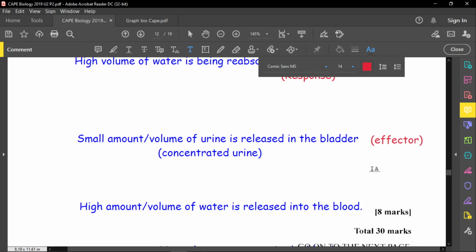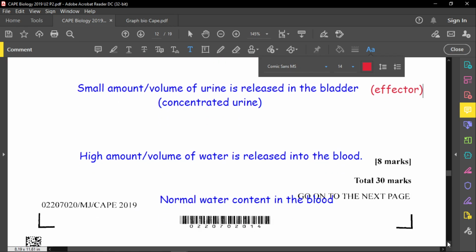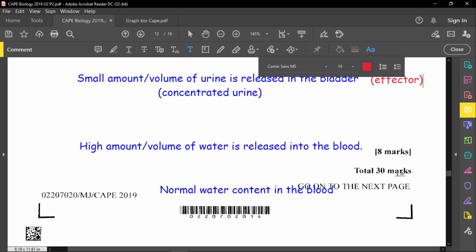The muscles in the bladder will respond to the condition of releasing only a small amount of urine. And also the high volume of water content will be the change that takes place and results in normal water content in the blood.